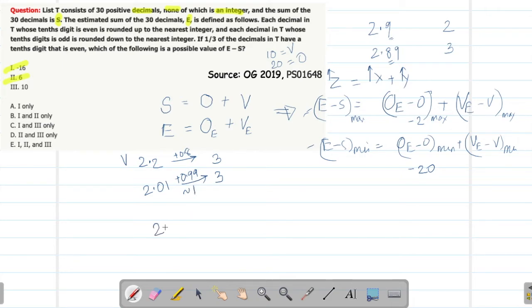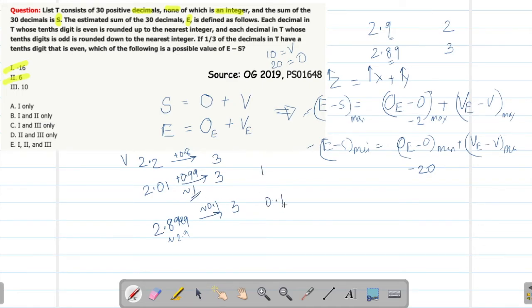And then we can have 2.8999, which is equivalent to 2.9 actually, which was also rounded up to 3, and the difference would be equivalent to 0.1. As you can easily see, the maximum difference is 1 and the minimum is 0.1.